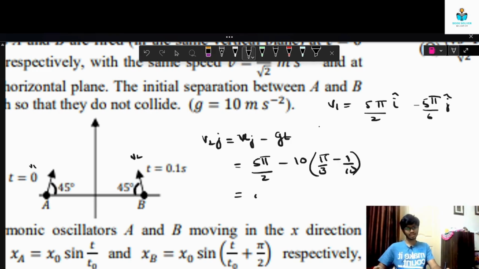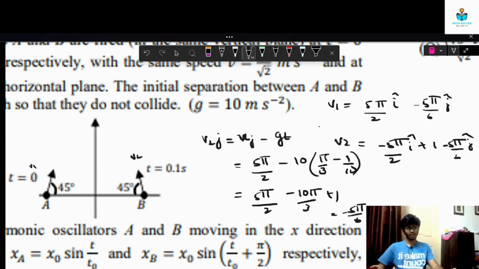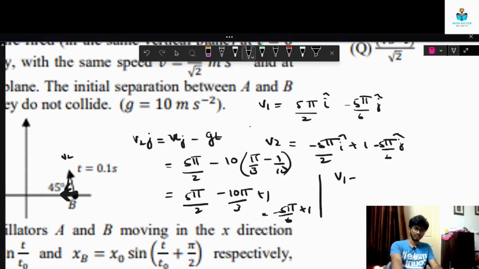So this is basically 5 pi by 2 minus 10 pi by 3 plus 1, that is minus 5 pi by 6 plus 1. That implies v2 equals minus 5 pi by 2 i cap plus 1 minus 5 pi by 6 j cap. Now minus here because the x direction should be in this direction, right? And again v1 minus v2 will come out to be 5 pi i cap, this gets cancelled, plus j cap.